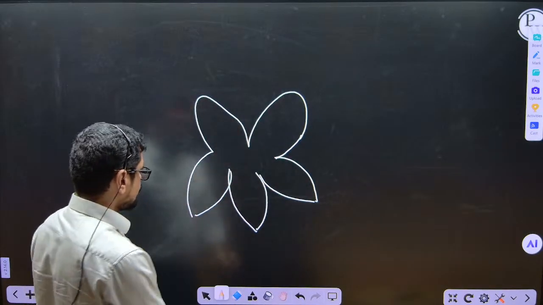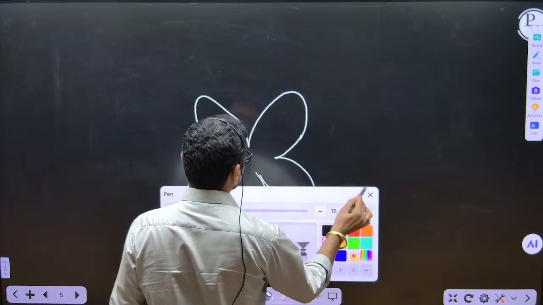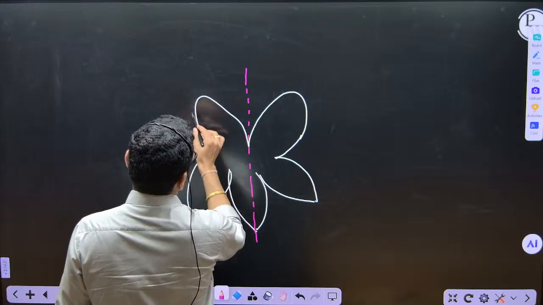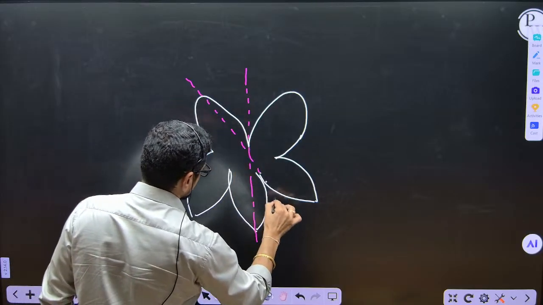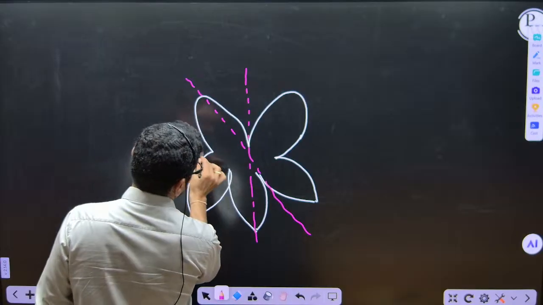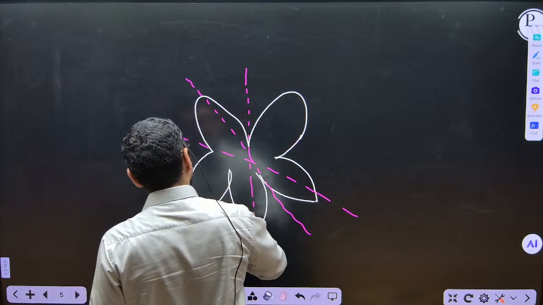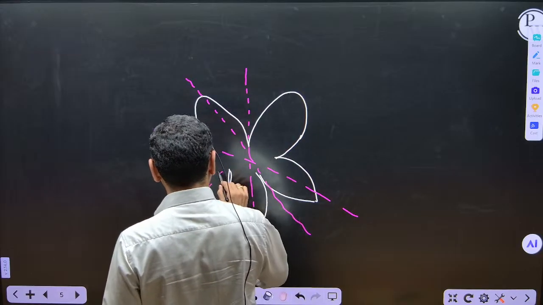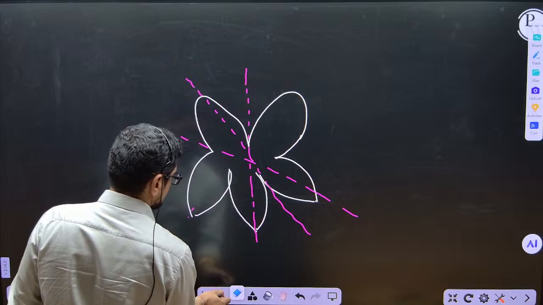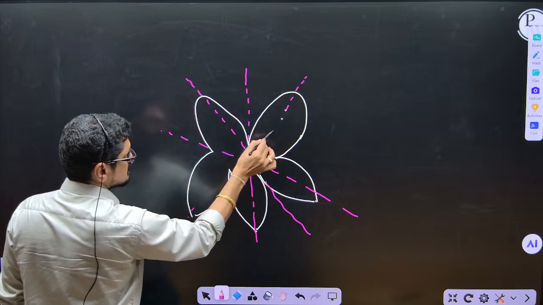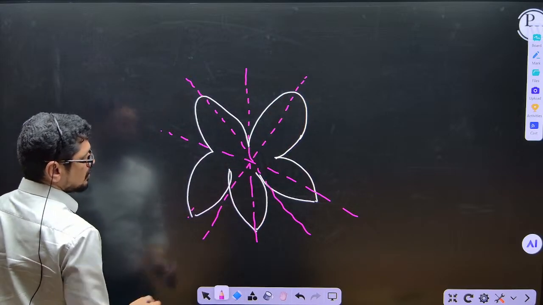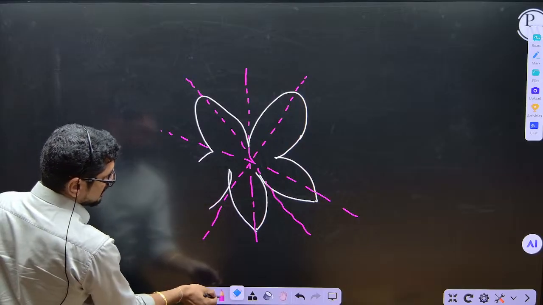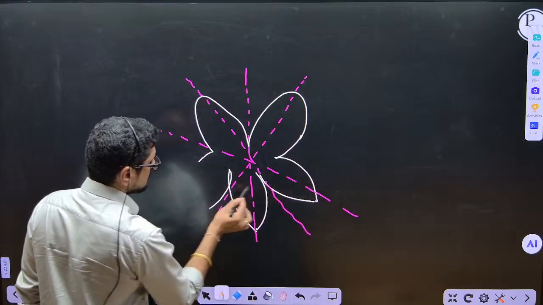So in 5 directions, we can cut the animal into two equal halves. 1, 2, 3, and then 4. Wait here.